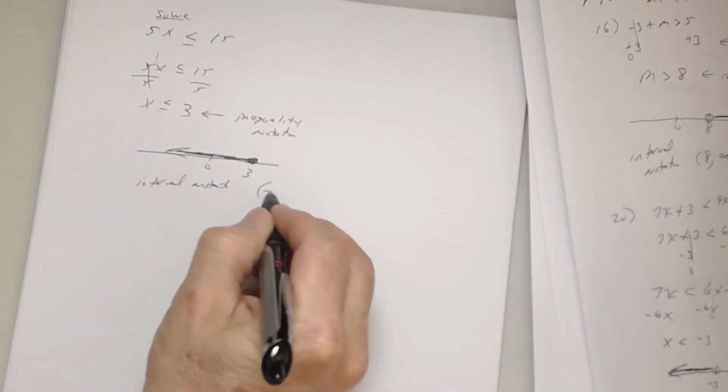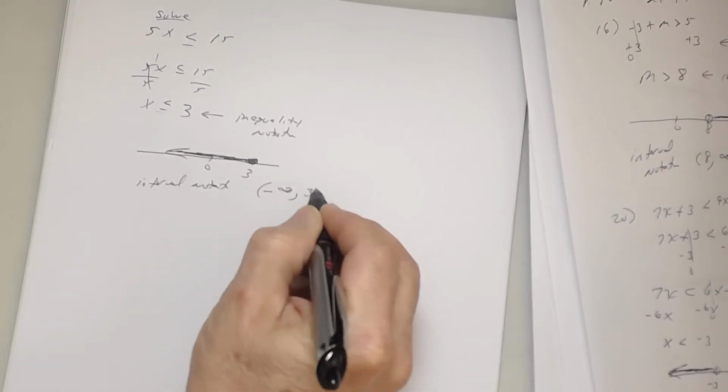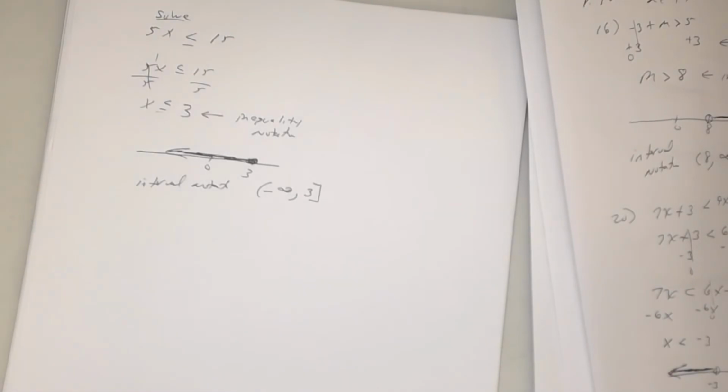Parentheses. Negative infinity, comma, all the way to 3 with a bracket. So you go from small to large. If you say 3 to negative infinity, that's incorrect. You've got to go from small to large. Negative infinity to 3. 3 is the largest.